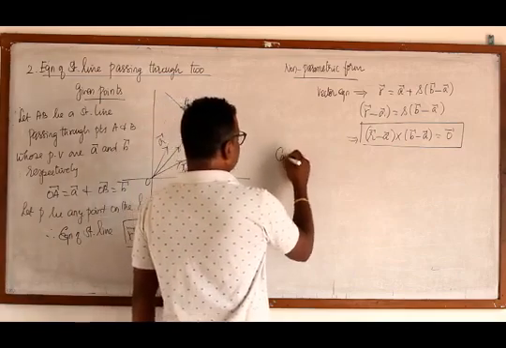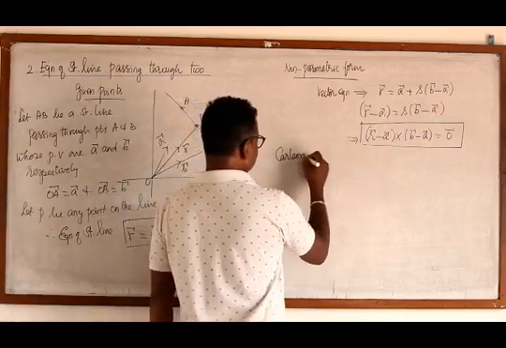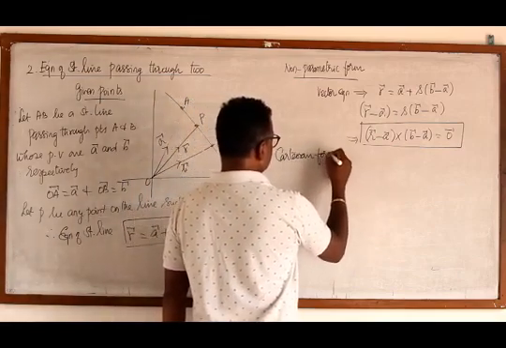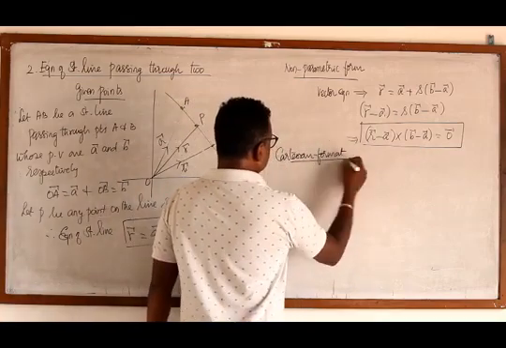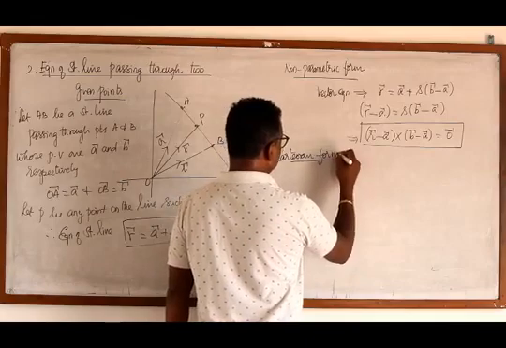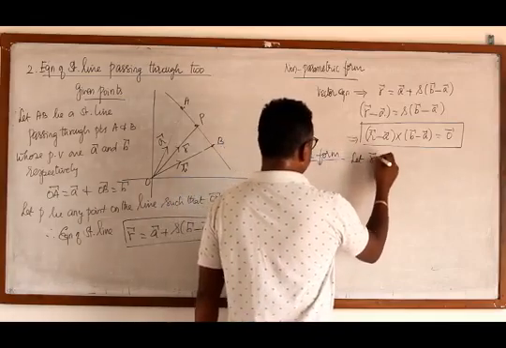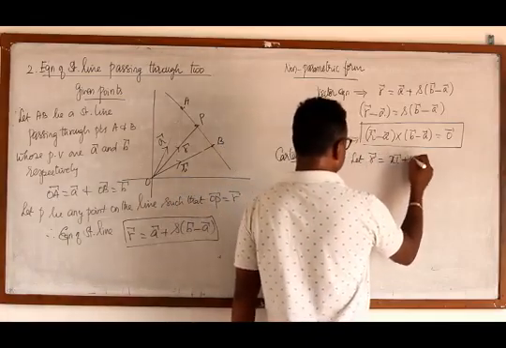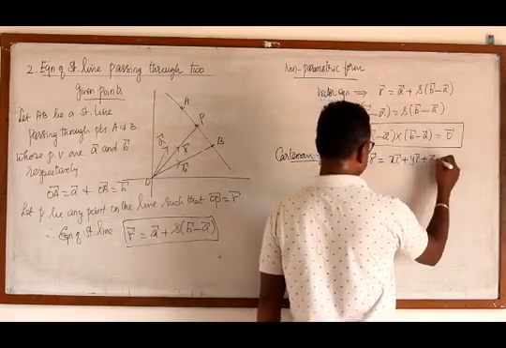Then Cartesian format. Cartesian form. Let r vector equal to xi plus yj plus zk.